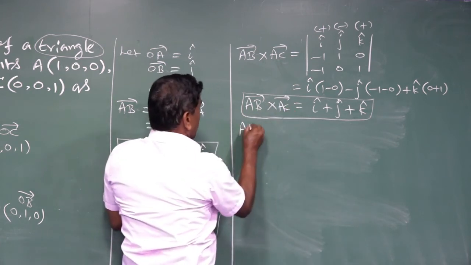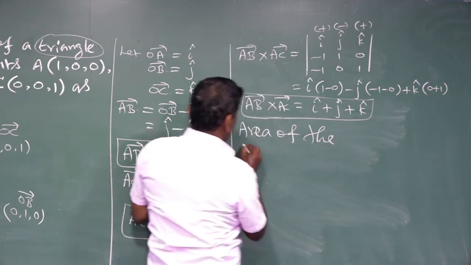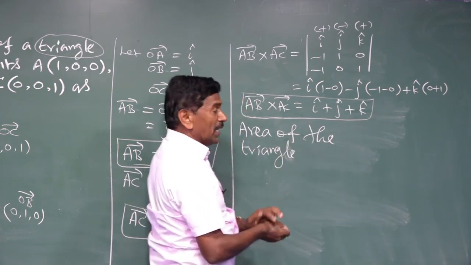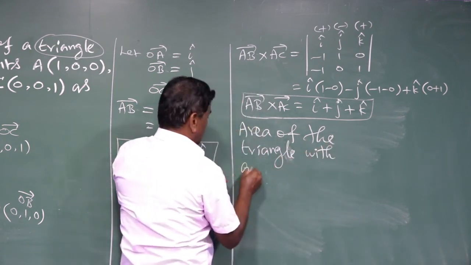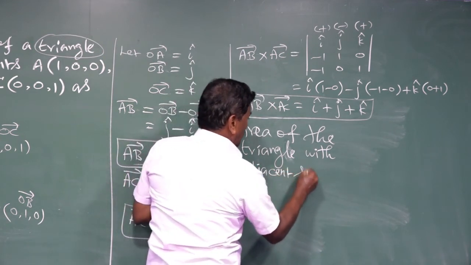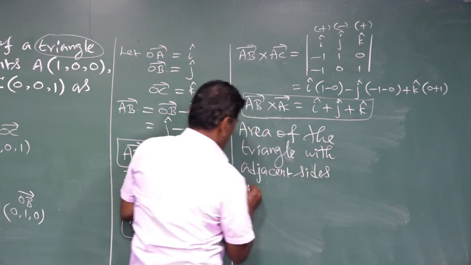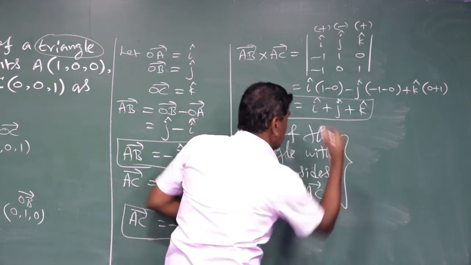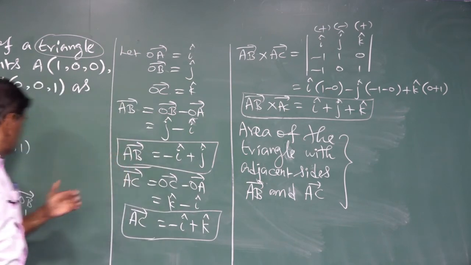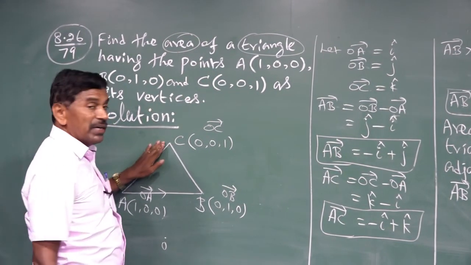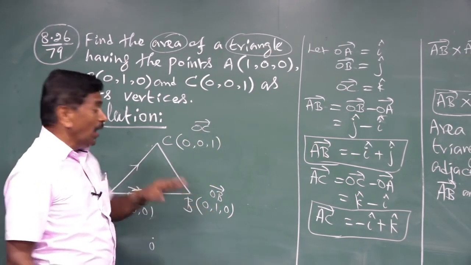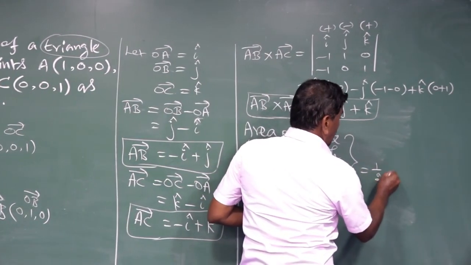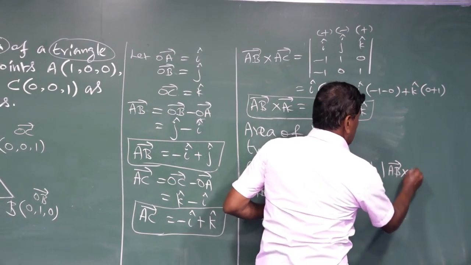Listen, the area of the triangle with adjacent sides AB vector and AC vector is given by the formula half into modulus AB vector cross AC vector.